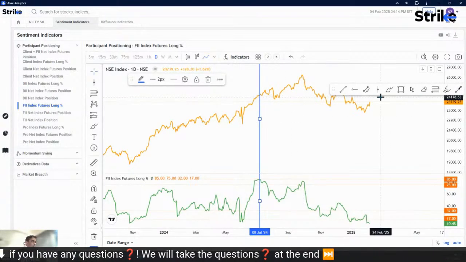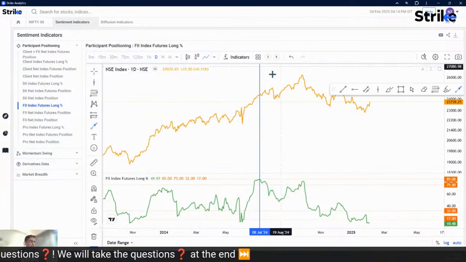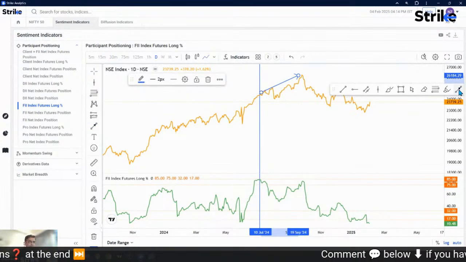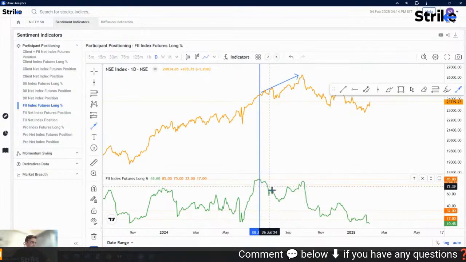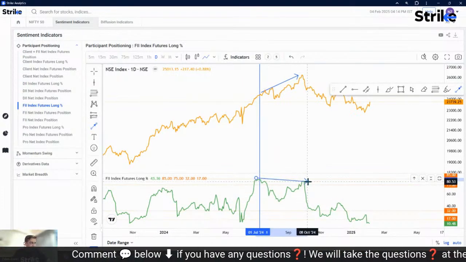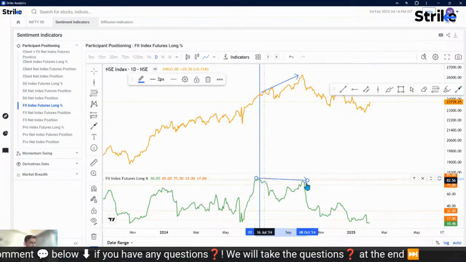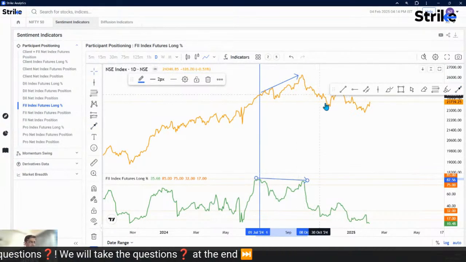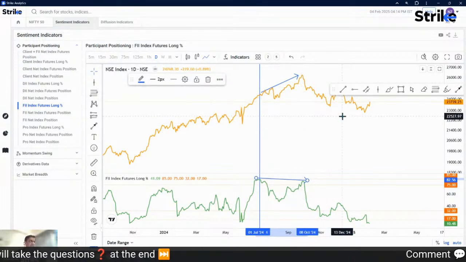So probably what was happening is that when the market was moving up over here, this particular indicator started coming down, and once again it came up, but kind of made a bottom, a kind of a divergence over here, and from there it started correcting once again.